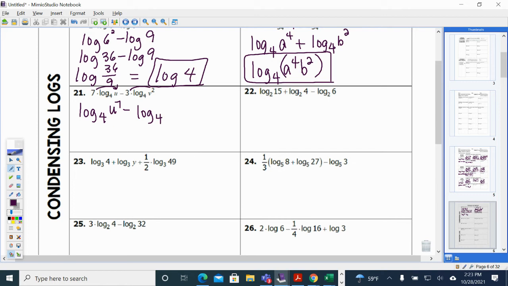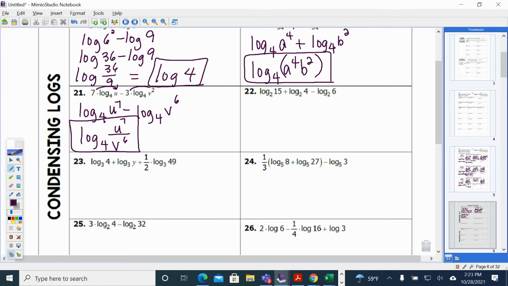We multiply. This is going to be v to the 3 times 2, which is 6. With subtraction, we're going to divide. So this is going to become log base 4. The first one that's listed is always the numerator. The second one listed is the denominator. There's nothing we can do with that. Log base 4 of u to the 7th divided by v to the 6th. If you have parentheses around the u to the 7th and v to the 6th, that's fine too.